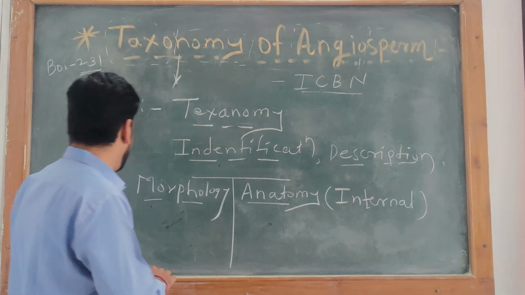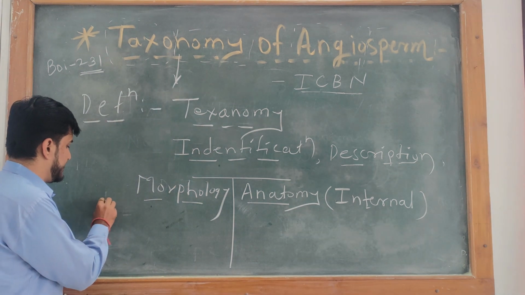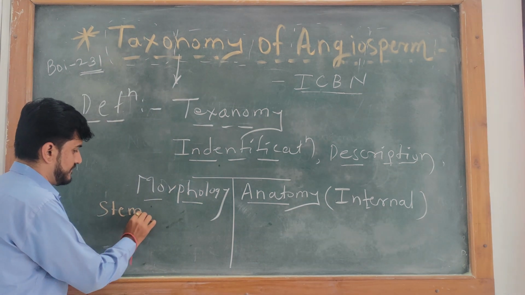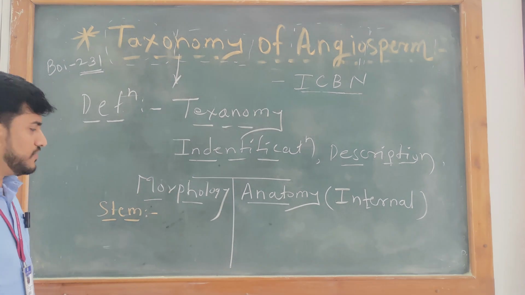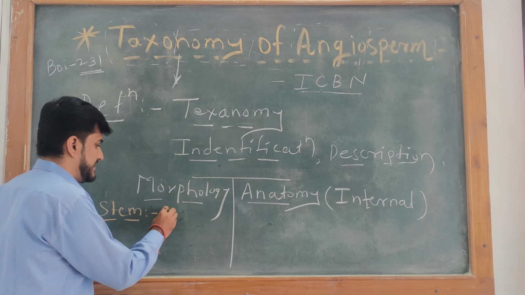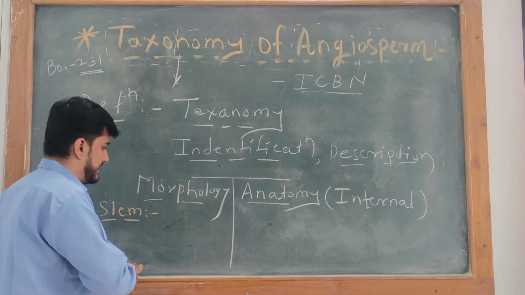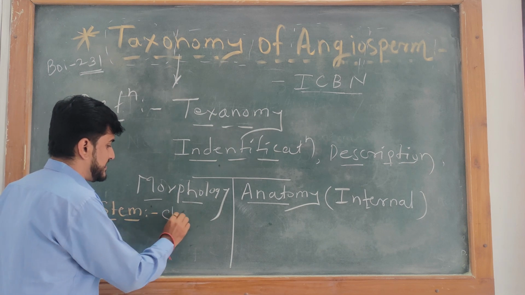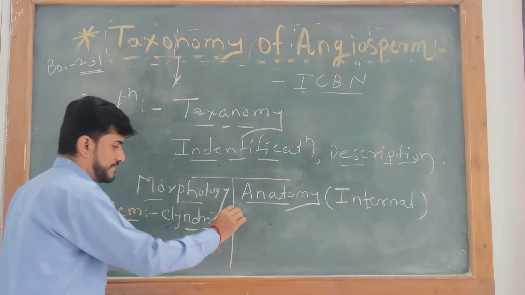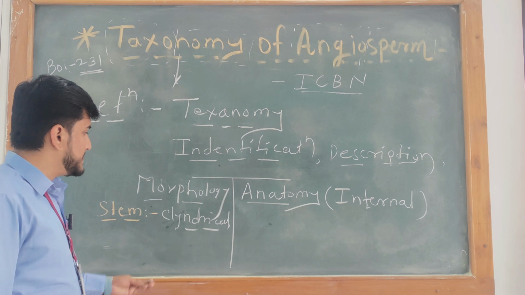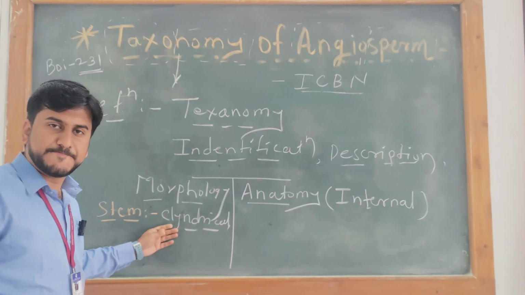For example, the morphological feature is the stem. Firstly, the morphological characteristic feature of the stem is cylindrical, and this is the morphology.